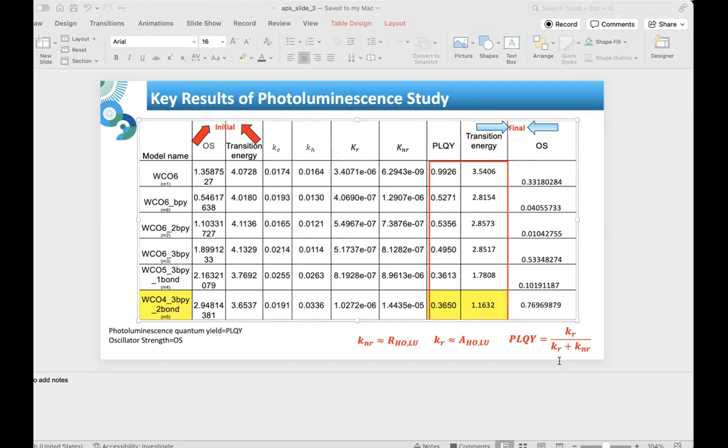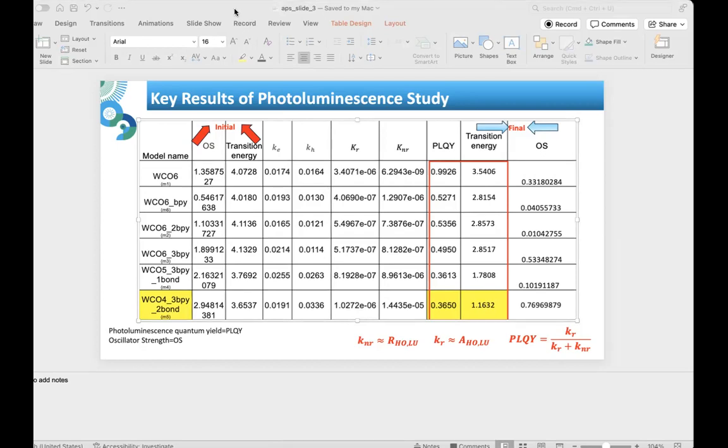So in conclusion, our results underscore the importance of molecular structure in determining the photoluminescent properties of transition metal complexes, and highlight that the PLQY values not only reflect the material's current performance but also guide future modification to optimize light emission.